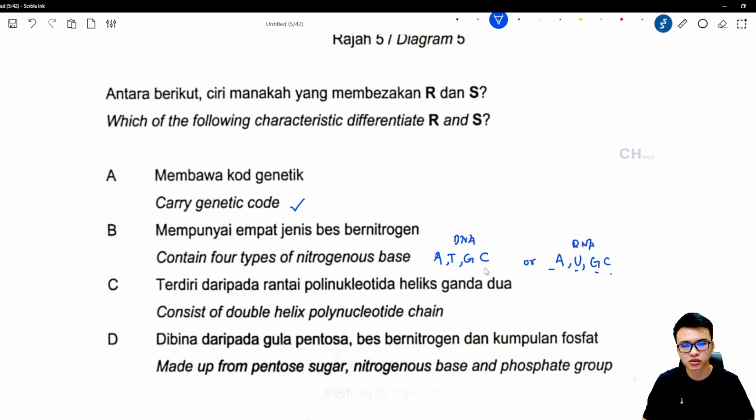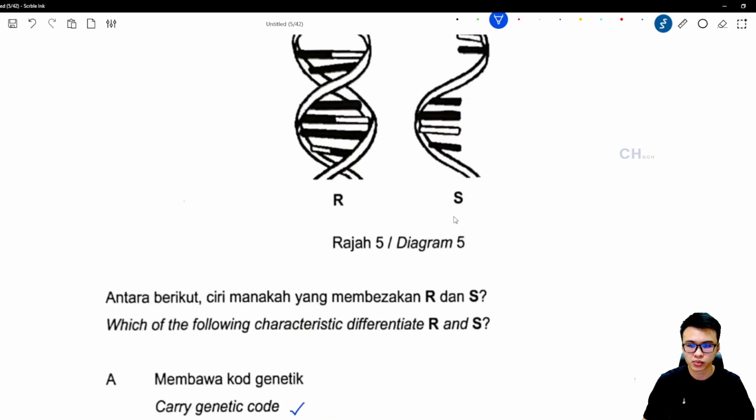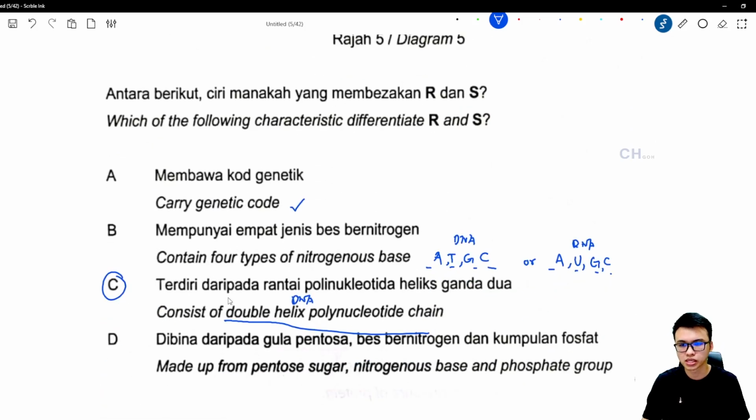Yes, okay, 4 types of nucleotides. Consists of double helix polynucleotide chain. So this answer should be C. Why? Because DNA is double helix. How about RNA? RNA has only 1 strand, so it is not a double helix. So the answer will be C. This is the characteristic that differentiates R and S.